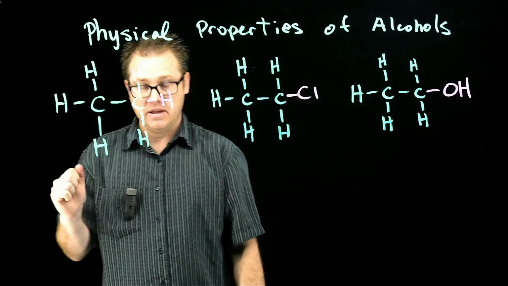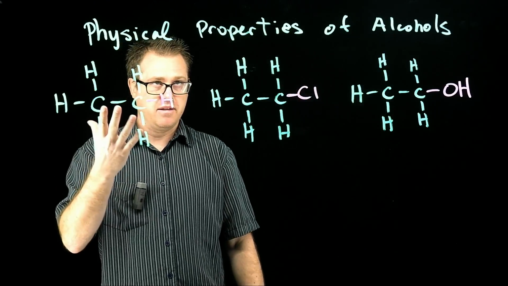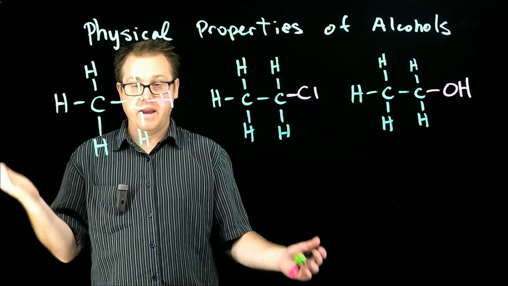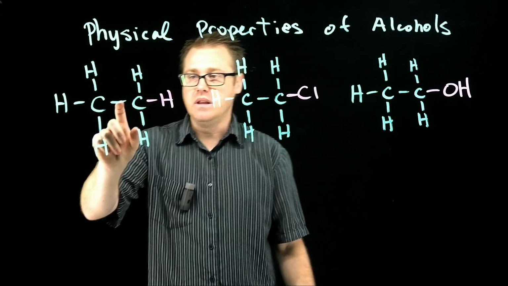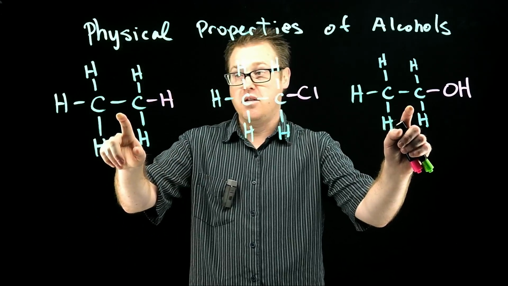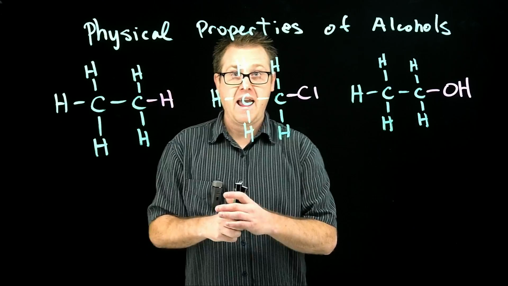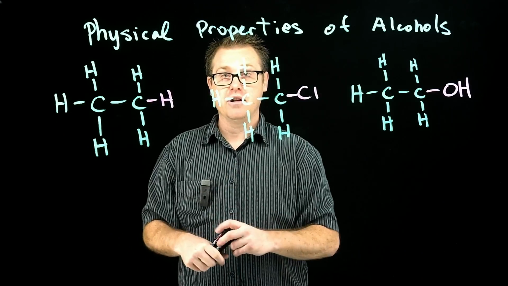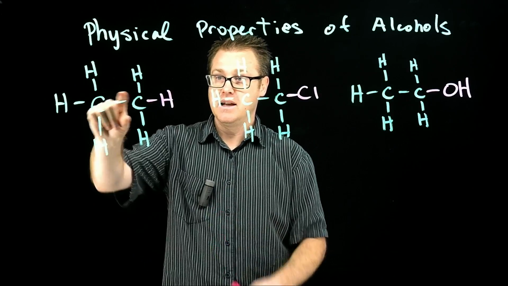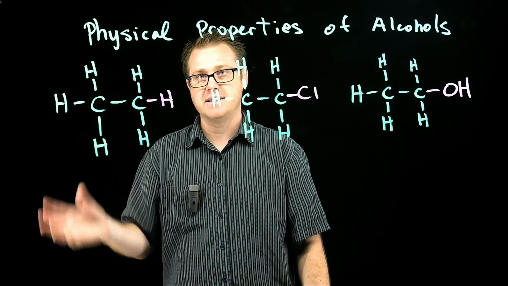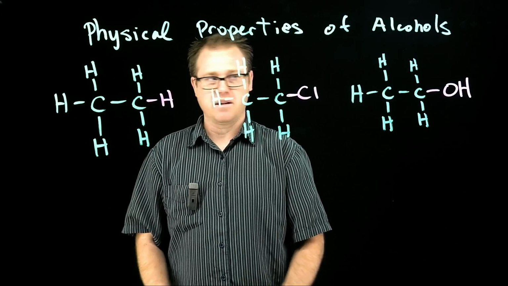are the same. So when we compare, let's say, the boiling point of ethane to ethanol, in order to say, hey, when we take a look at the differences of their physical properties, the green part has to be relatively the same in order for us to make a comparison.